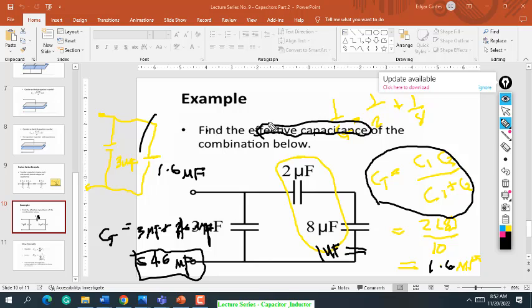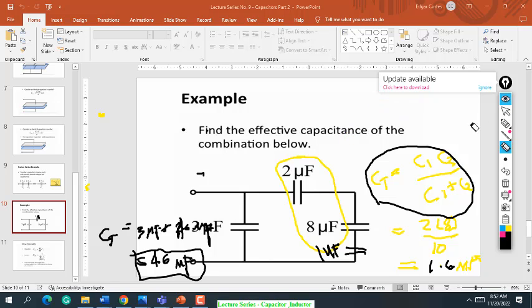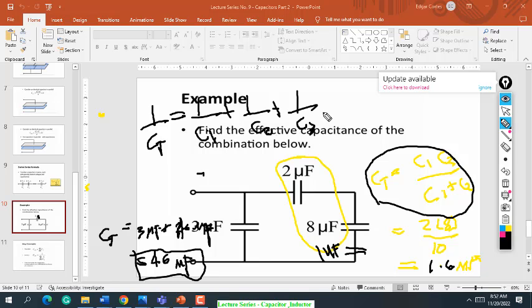Let me erase this. Anyway, this is recorded, class, no need to copy. What is the formula for multiple resistors in series from our previous class? The formula: 1 over C total is equal to 1 over C1 plus 1 over C2 plus 1 over C3 and so on, up to 1 over Cn.